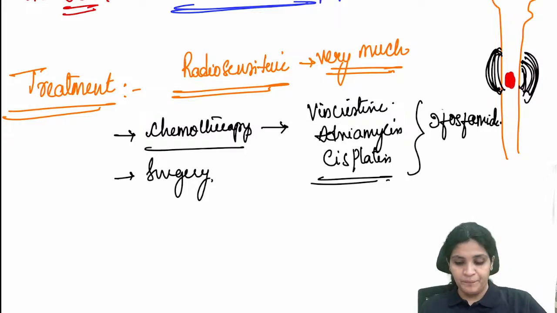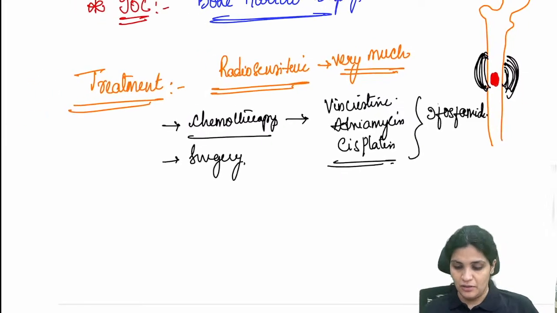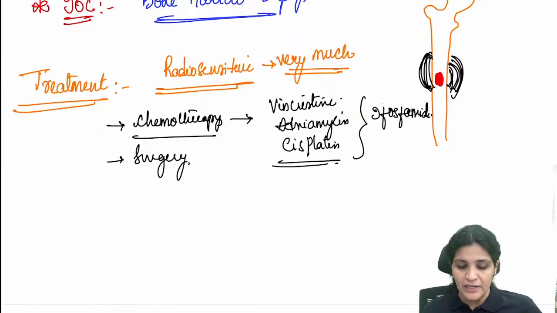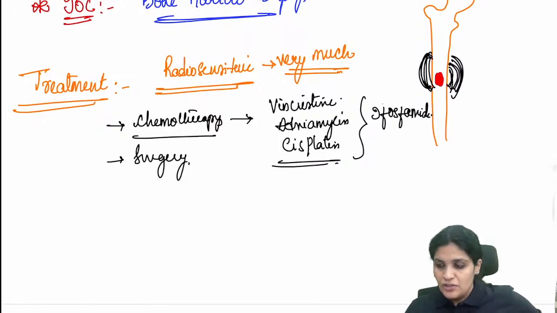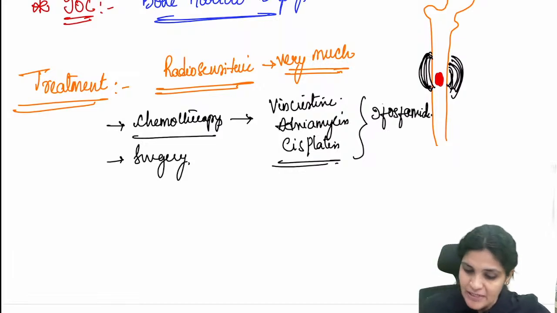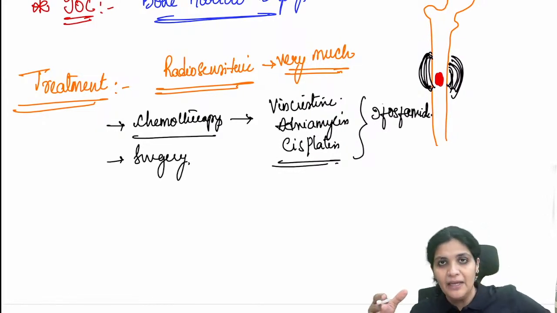So this is the chemotherapy which we follow. Then we go for surgery. Okay, so that is the treatment. Usually we don't go for radiotherapy because of radiation induced osteoporosis. Hence we go for chemotherapy and then surgical treatment in case of Ewing sarcoma, right? So this is very, very important. And they usually go for adjuvant chemotherapy, and sometimes they also go for neoadjuvant chemotherapy.